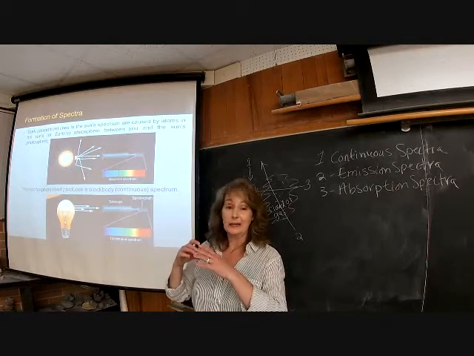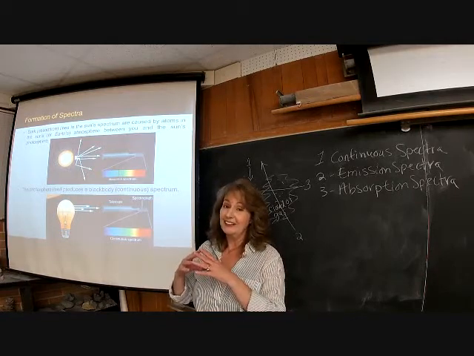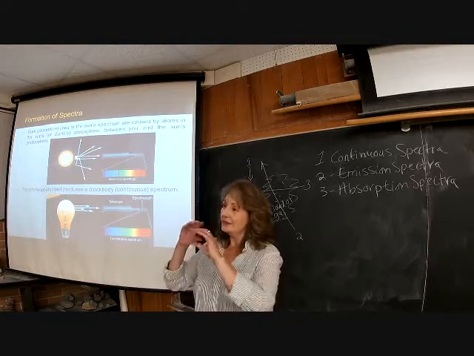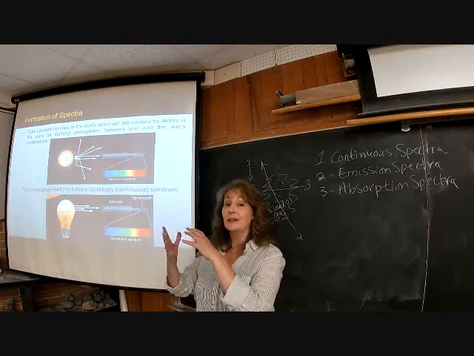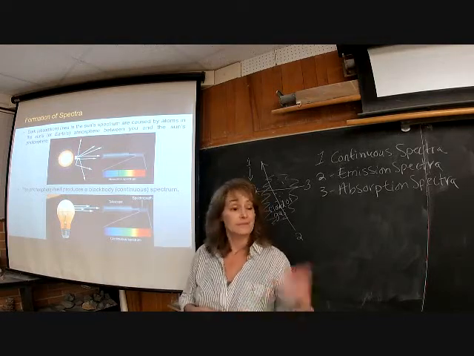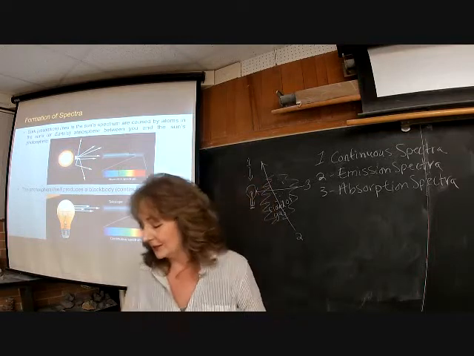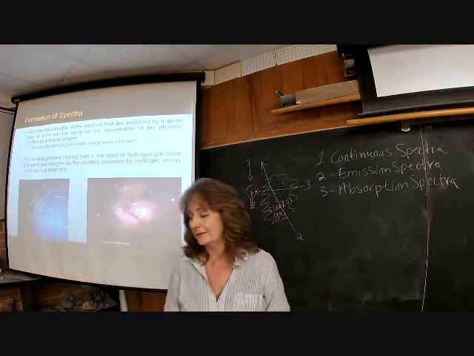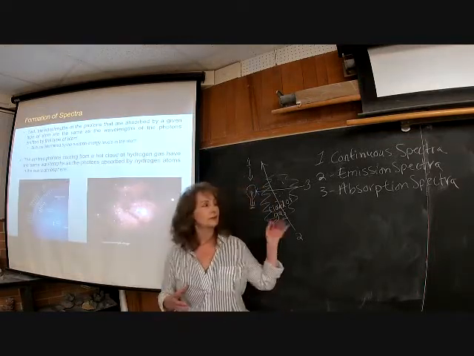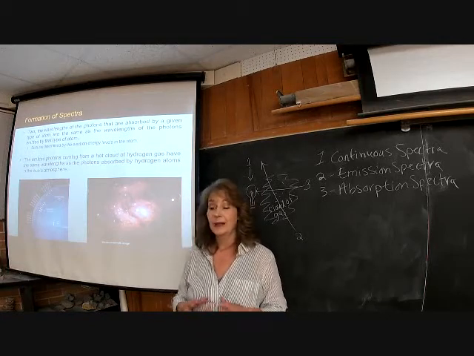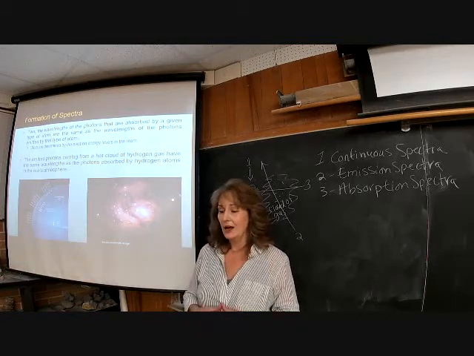Or if you were to point, and I don't encourage you to point anything up at the sun, but even if you just put it out the window, sunlight coming from the sun out the window would give you a continuous spectrum. Okay, just some of the variety, those three varieties of black body spectra.